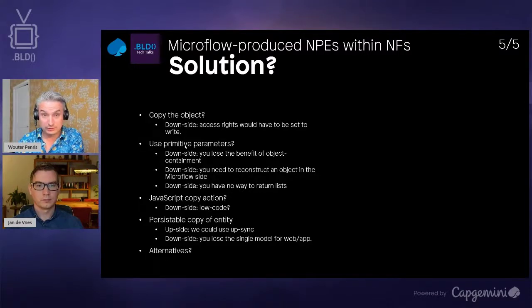So yes, we can use primitive parameters. The downside is that you're sort of losing object cohesion, right? We're having these objects in the first place to store together a set of attributes, and that's what we're missing right now. And there's no way to return lists like this. There is, but you never know the length of the list.